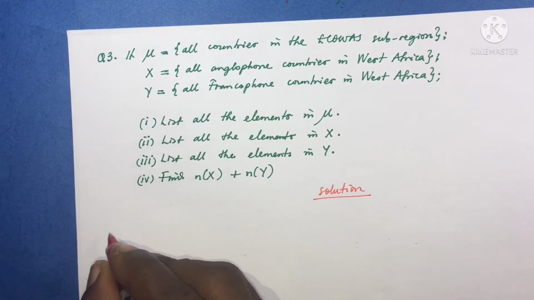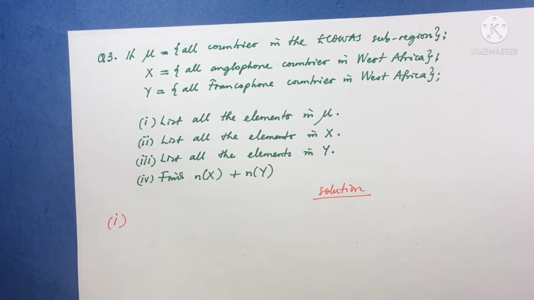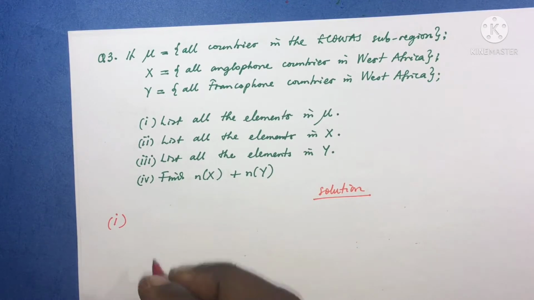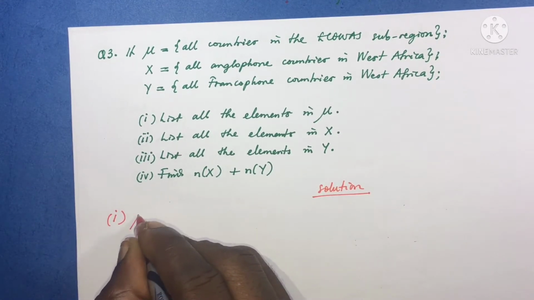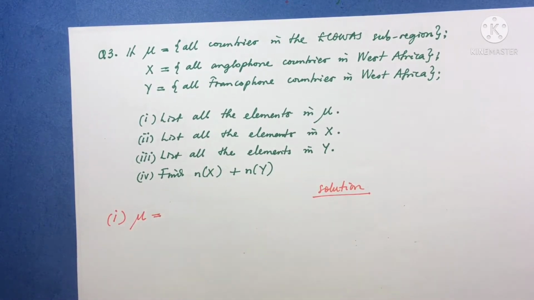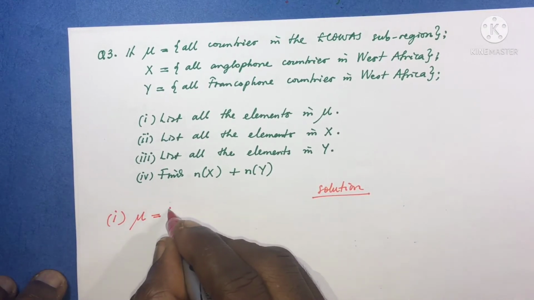Now, let's start. So, in the ECOWAS sub-region, the Economic Community of West African States, we have number 1, to list the elements of the universal set requires we write out all the countries.